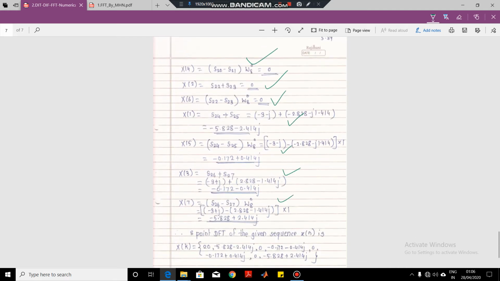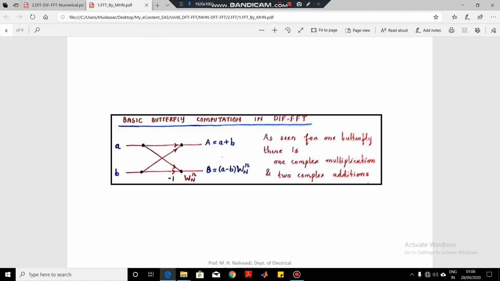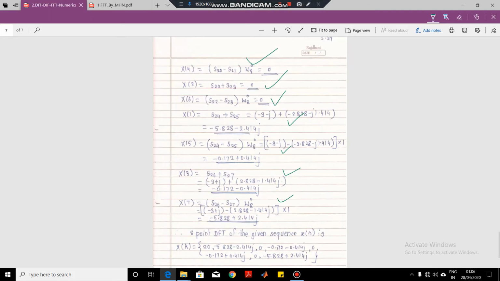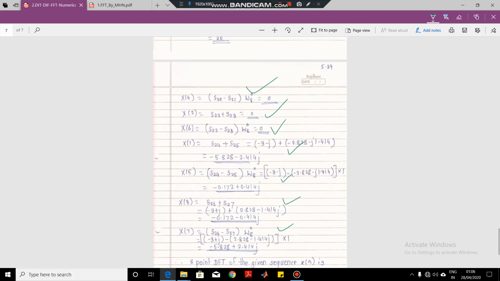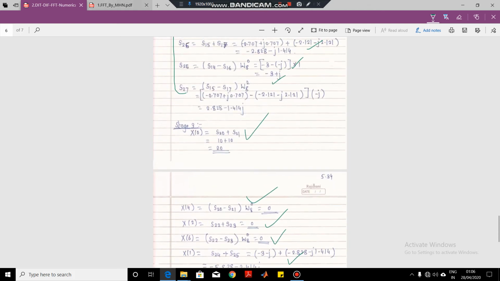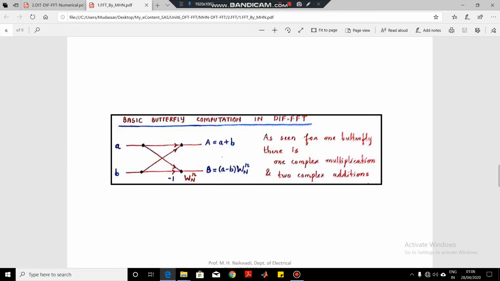For each case, remember that the basic butterfly structure computation is most important. If you know how the basic butterfly computation takes place, then it is very easy to do the computation. If you do not understand how each butterfly works, then you cannot do the calculations properly. And this is different for each algorithm.